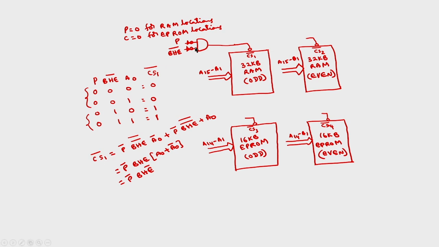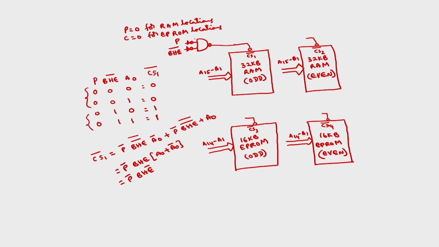Okay. Now I think it's correct. If both are zeros, then these two will be 1, so output will be 1. So it will not be selected. This should be NAND gate. Both are zeros means 0 0. This will be 1 1 1. It will be 0. If any one of the inputs is 0, then what happens here? This will be 1 0.